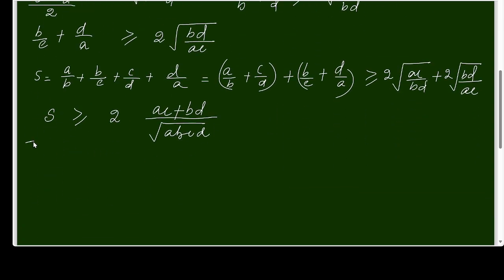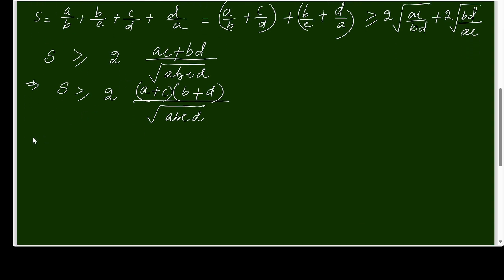So S is greater than or equal to twice (A plus C) into (B plus D) whole by the square root of ABCD. Or I can write this, arranging, as twice (A plus C) by the square root of AC and multiplied by (B plus D) by the square root of BD.